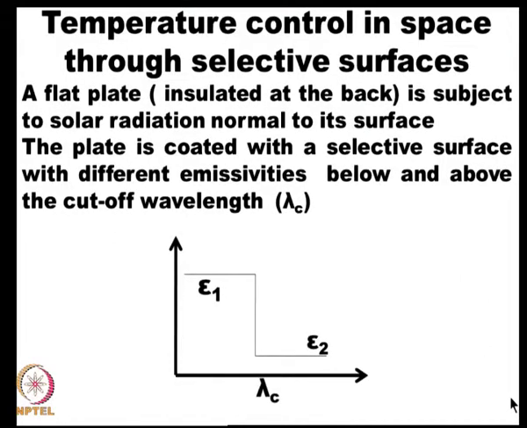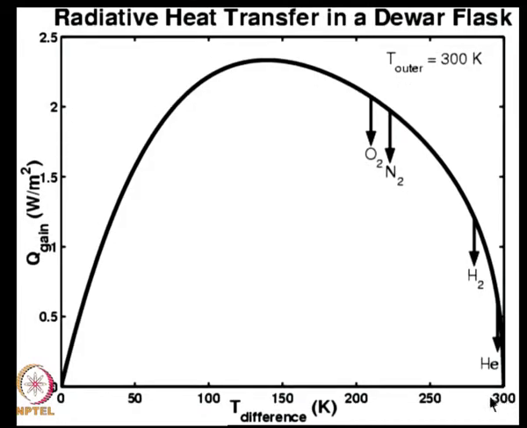So, this is a point which is really worth understanding, that when the temperature difference is small, then roughly the heat gain is proportional to delta T. But when the temperature of the inner cylinder becomes very, very low, below 150 K, you start seeing another domain in which the heat transfer is going down as delta T is going up.